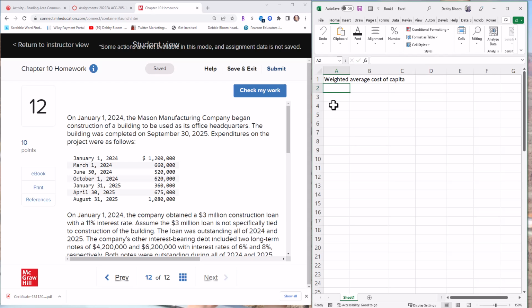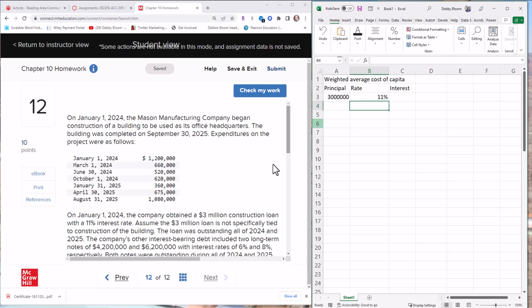So what I'm going to do is, for each one of the loans, I'm going to take a look at the principal amount. I'm going to look at the interest rate. And I'm going to calculate the total interest. So I have three loans, a $3 million construction loan at a rate of 11%.